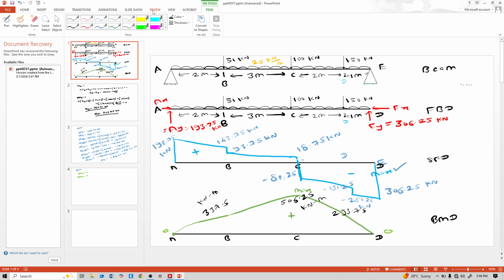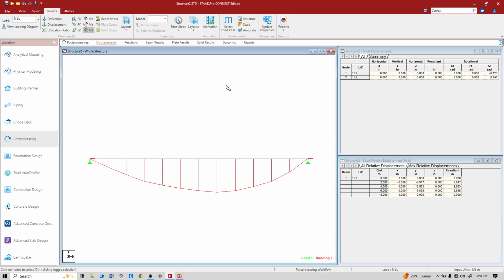Now see the deflection of that beam is like this, and in StatPro it is also like this.